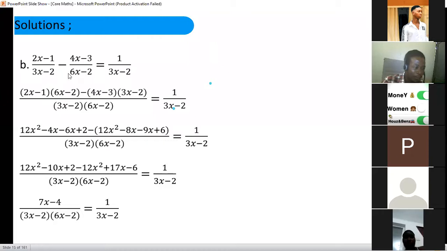When we multiply the two denominators, that will give us the LCM. That is 3x minus 2 and then 6x minus 2. So as we did using 3 over 4 plus 7 over 5, we divide the LCM by the denominator of the first fraction. So, are you okay with that?